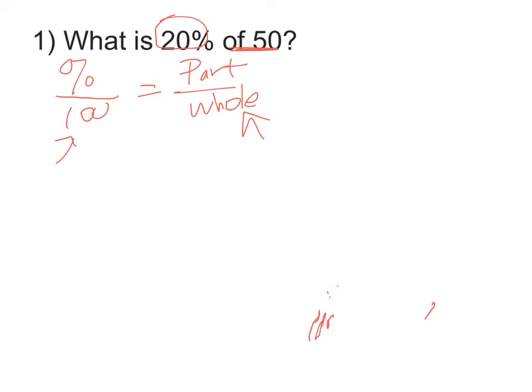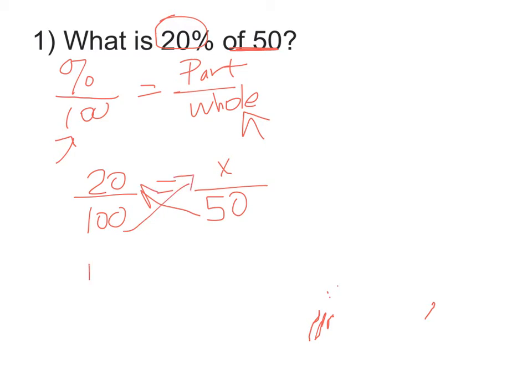So if we take all these pieces and put them into our universal percent proportion, we have 20 over 100. Our whole is 50. And we don't know what the part is, so that is our x. It says what. And now we have a simple proportion that we can solve using our cross products.